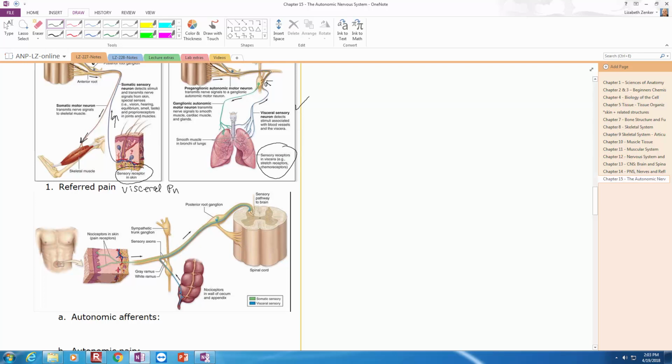For example, if you had a heart attack, it's not your heart that you notice is painful. What do people oftentimes describe for heart attack pain? Chest pressure, left chest wall pain, it may be left arm pain, maybe up the left neck into the left jaw. So why are those things associated with the heart? Those are referred pain symptoms.